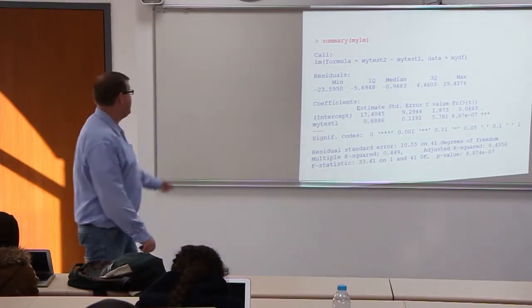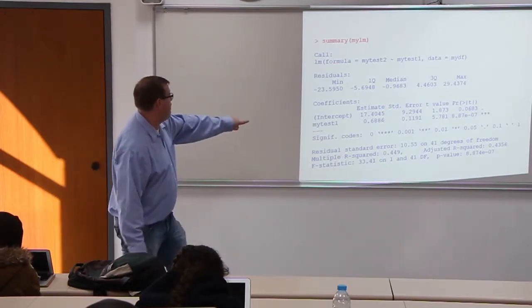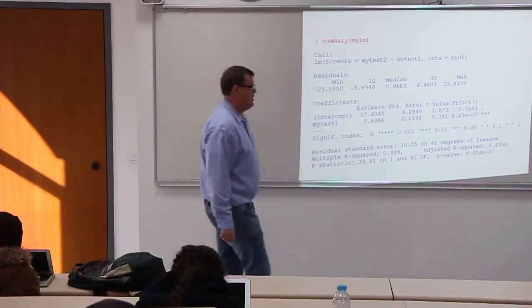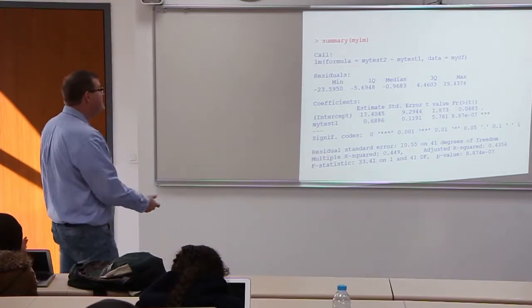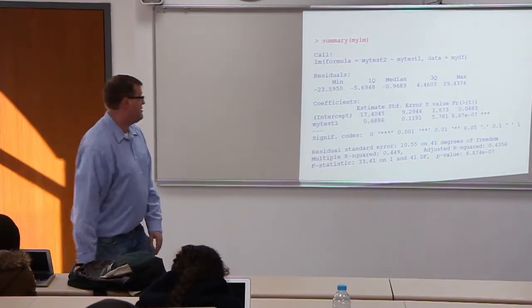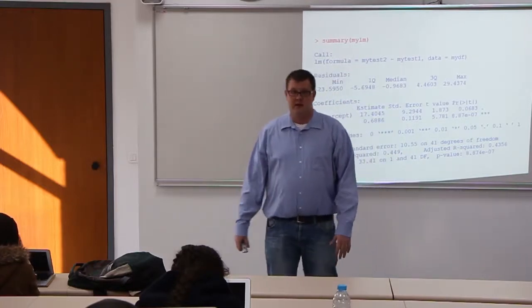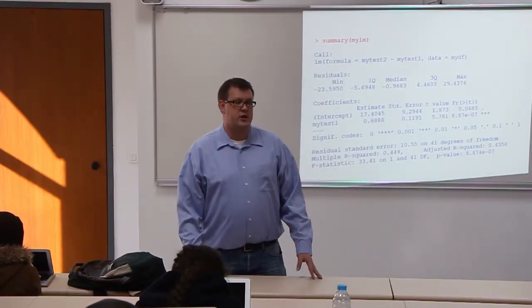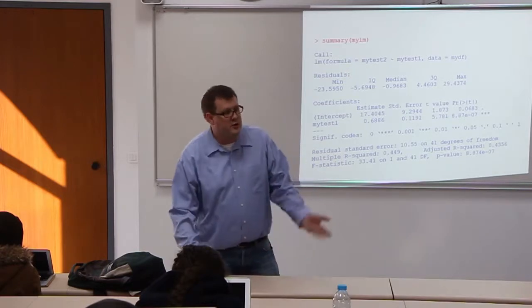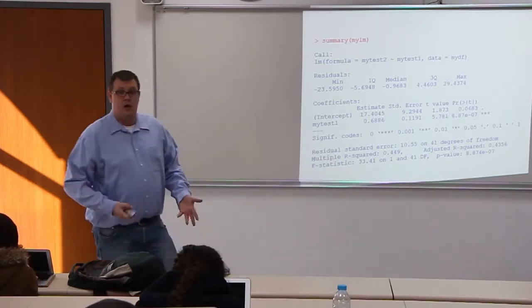So that is the partial regression coefficient. And we see that it is highly significant. The p-value is way, way less than 0.05 if we were using the traditional alpha level. So if we were using the traditional alpha level, what could we say?